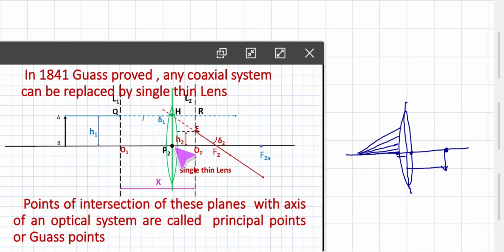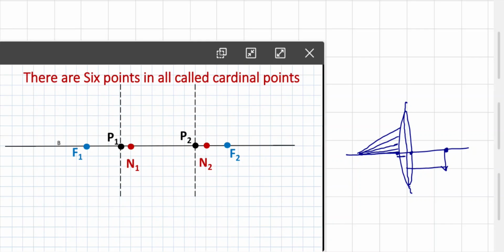So P1 and P2. So this is for the right hand side. Similarly we'll get it for the first lens also. So that is P1 and P2. See, there are 6 points in all, called cardinal points. We already know there are 2 points, F1 and F2.